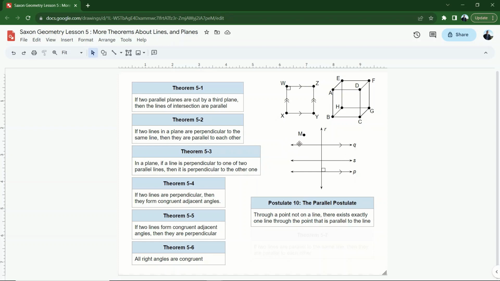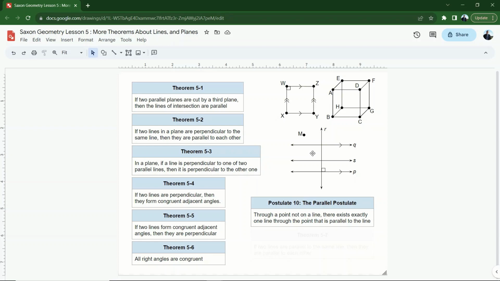And if I draw something that's not through point M, I'm not using the postulate anymore. It has to be through this particular point that's coplanar with this line, and the line through it has to be coplanar. So there's no other line that satisfies. There's only one parallel line through a point compared to some reference line, some original line. All right, and that's the parallel postulate.